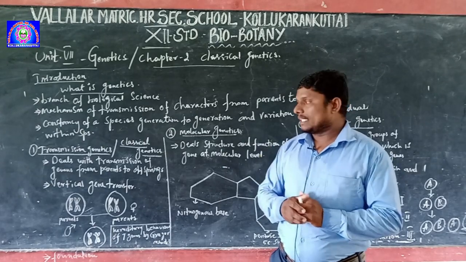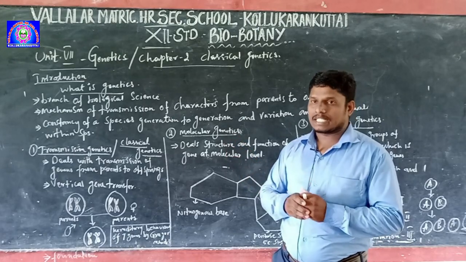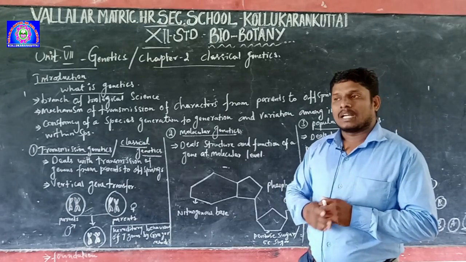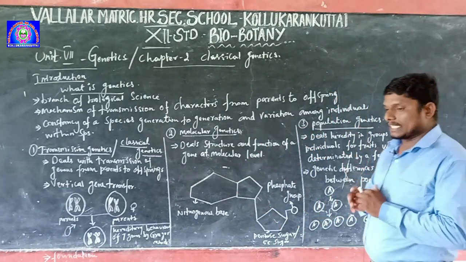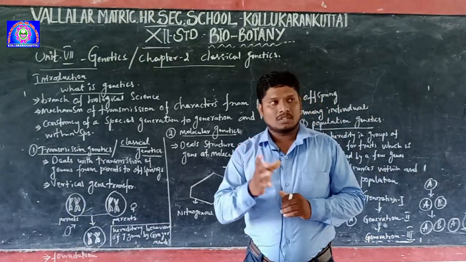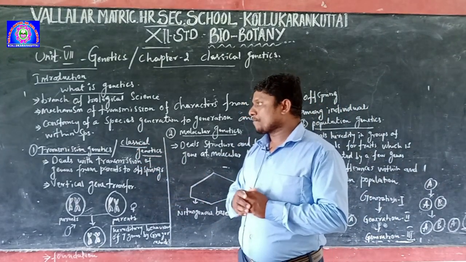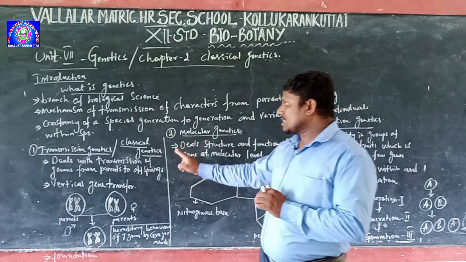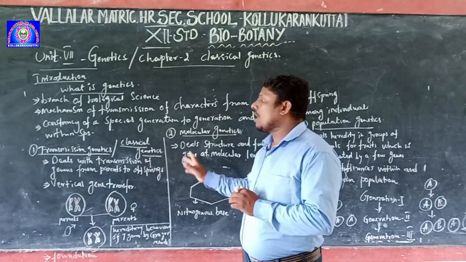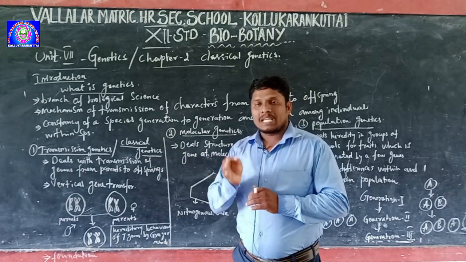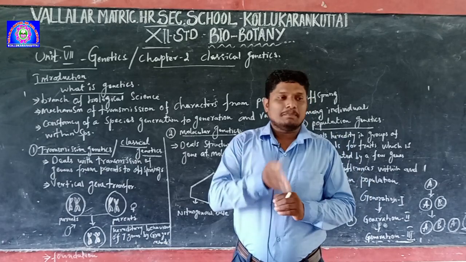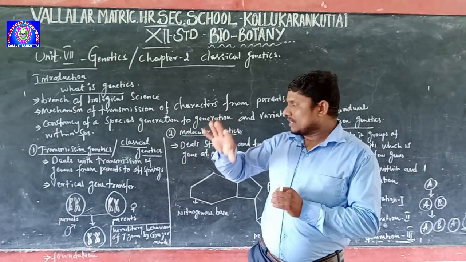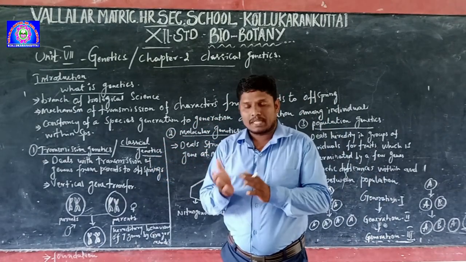And then genetics is divided into 3 types. Type 1 is transmission genetics or classical genetics, type 2 molecular genetics, and type 3 population genetics. First, you have known transmission genetics. These transmission genetics deal with the transmission of genes from parents to offspring.